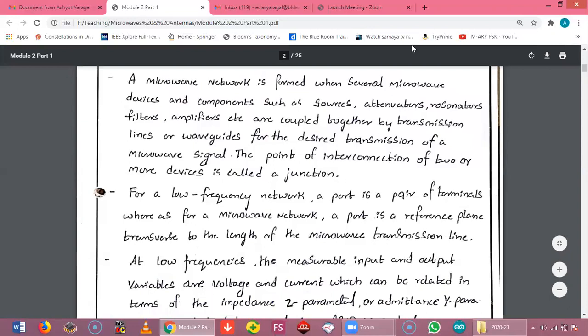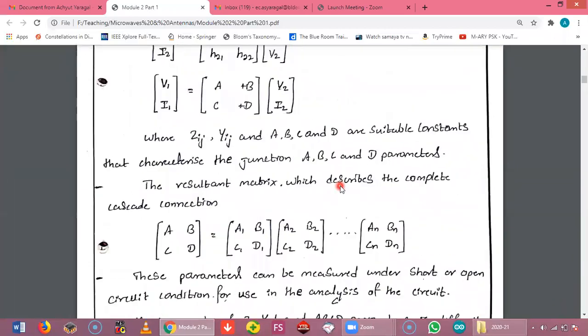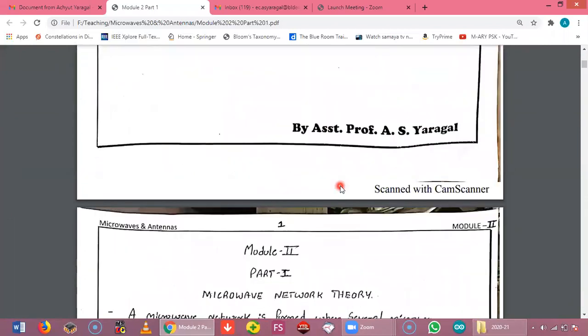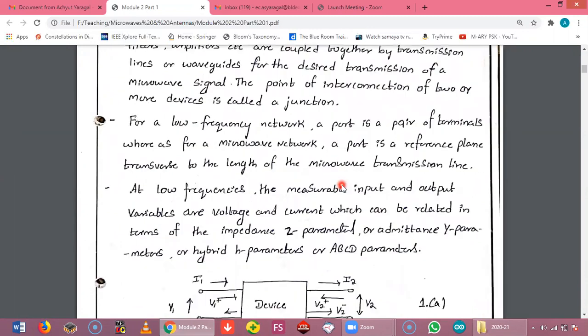For a low frequency network, we need to understand that there is a port, which is a pair of terminals, while in a microwave network, a port is treated as a reference plane of the transmission line.